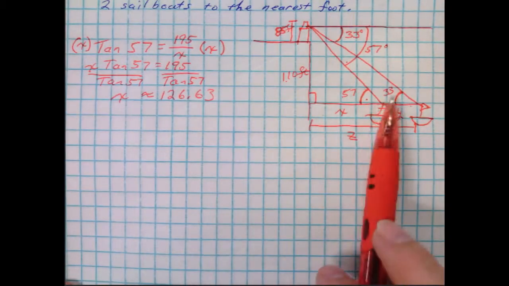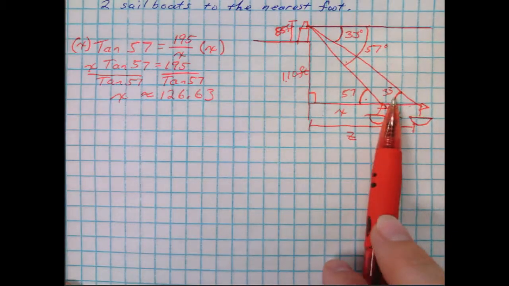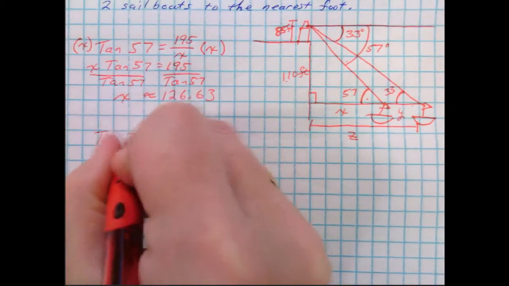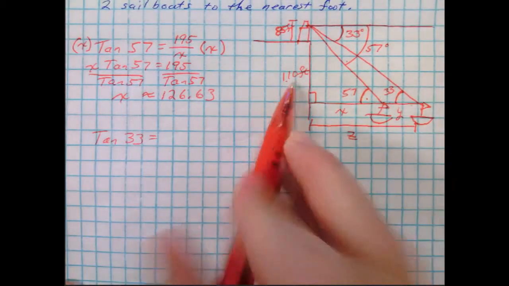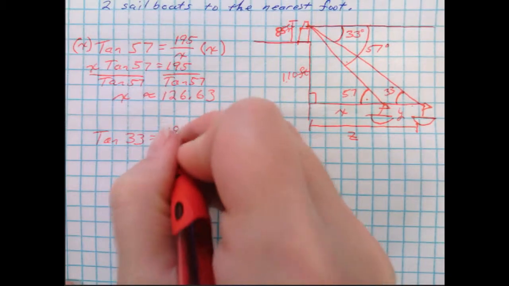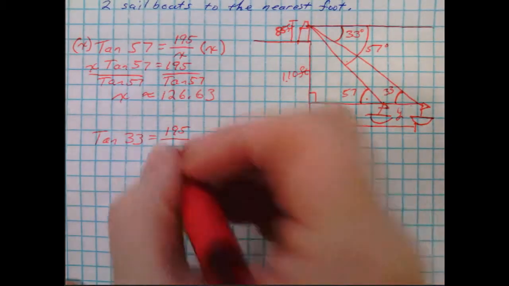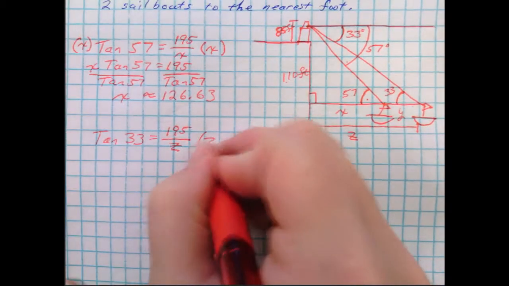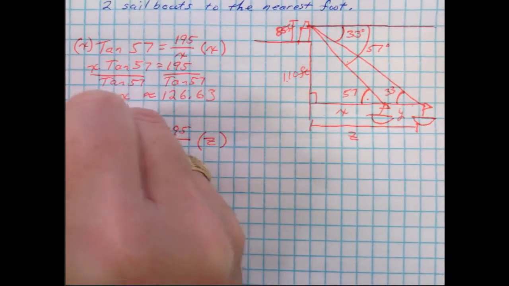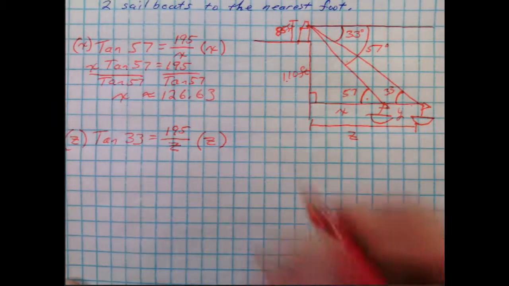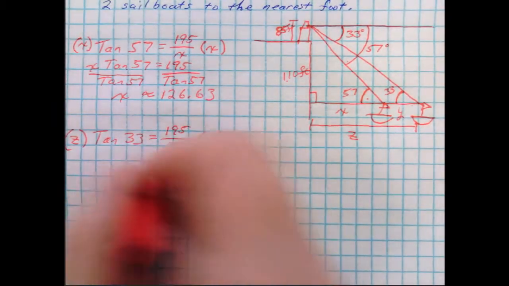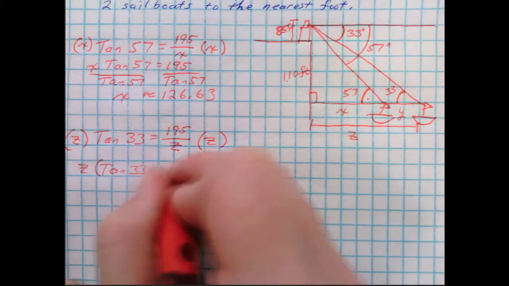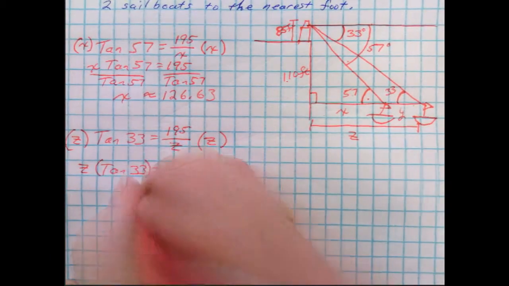So from here, now I'm going to be working with z, because I'm going to do the 33. So the same thing. Tangent of the 33 equals opposite, which we said was 195, over adjacent, which is z. Okay, so we're going to get z out of the denominator, so we're going to multiply it by both sides. Then from here, we have z tangent of 33 equals 195.